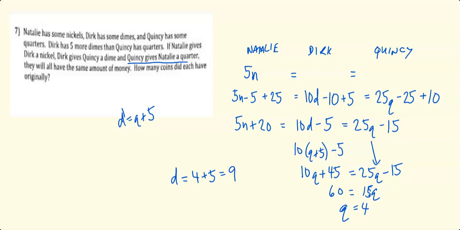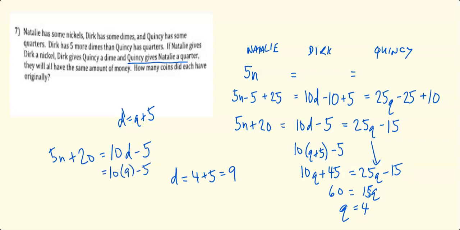And we want to go back to Natalie. 5n plus 20 is going to equal 10d minus 5. And we already know that there's 9 dimes.